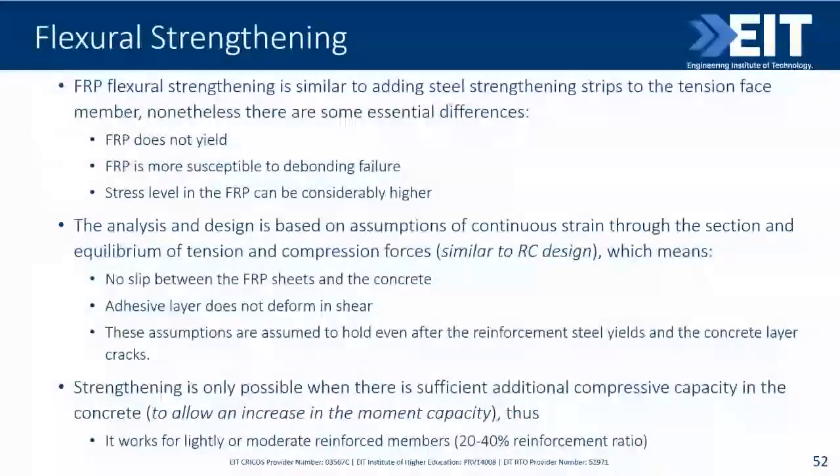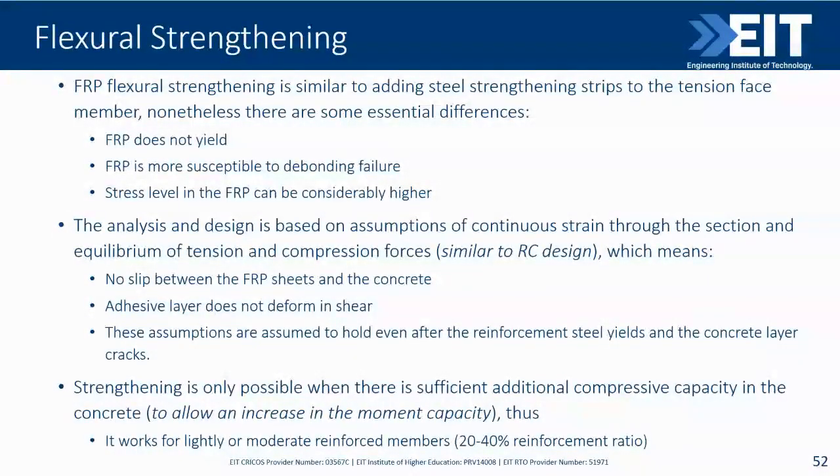Right. So flexural strengthening, let's just highlight a couple of things. Flexural strengthening by FRP is similar to strengthening by adding steel plates. We would add them on the tension side of the element.